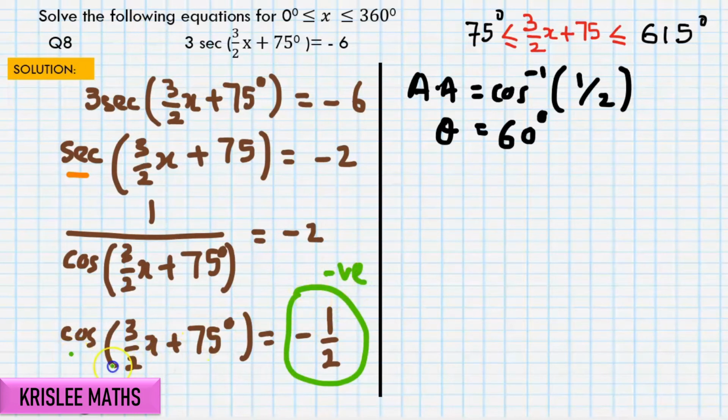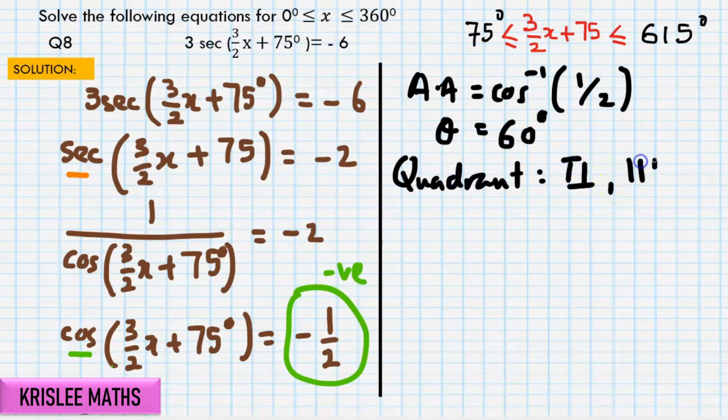Cos is negative in the second quadrant and third quadrant. In the second quadrant, it is 180 minus theta. In the third quadrant, it is 180 plus theta.